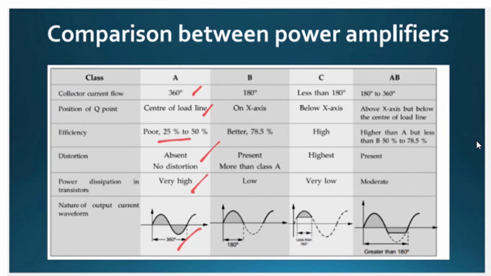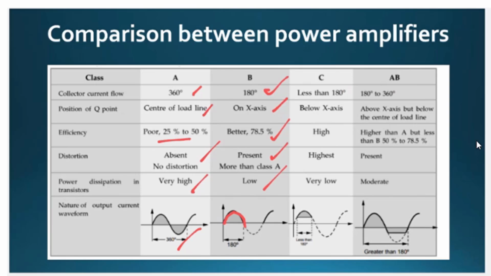Coming to class B, the position of the Q point is on the x-axis, so the collector current flow is 180. The efficiency is 78.5%. Distortion is there, and it is more than class A. As the efficiency is more, the power dissipation is less.